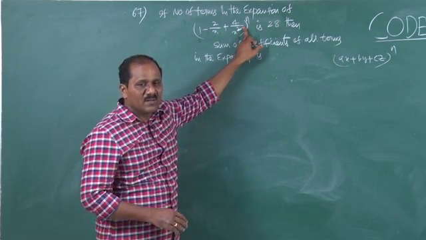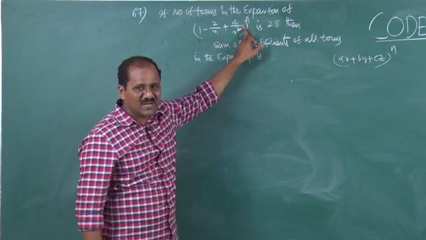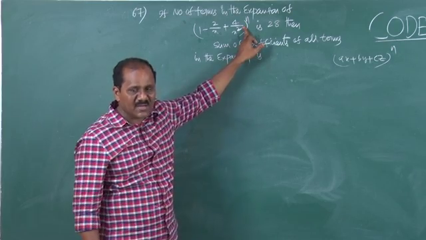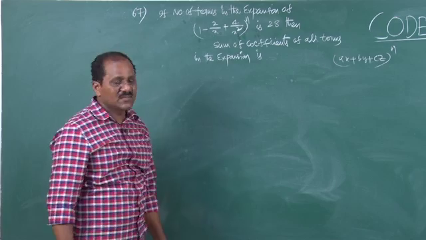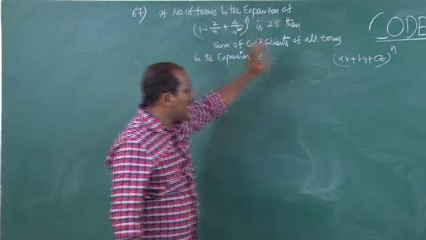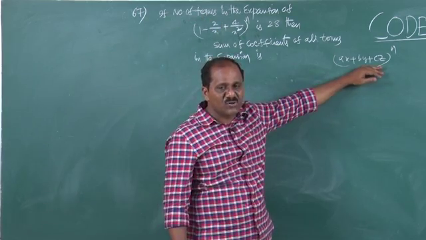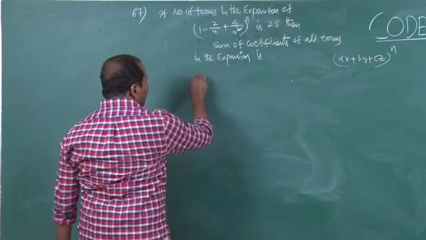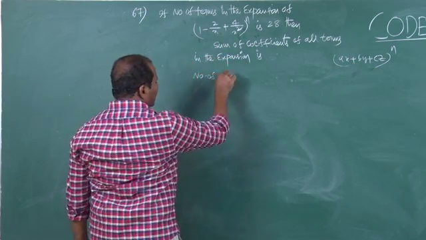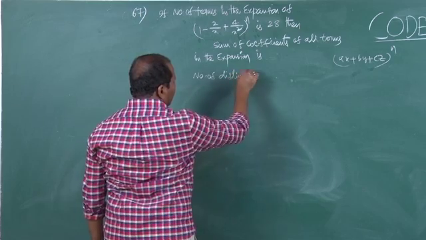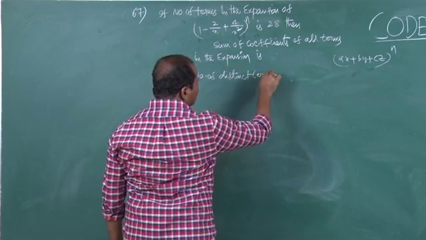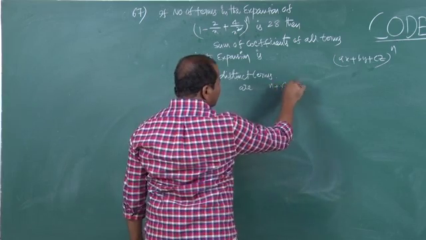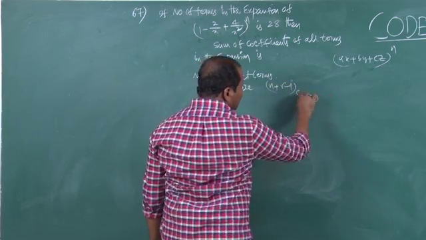If we are not satisfied with the explanation, or if the question is given as a correct question, the other explanation is, if we treat this expansion as (ax + by + cz) whole to the power of n, for this type of expansion the number of distinct terms is given by the formula (n + r - 1) C (r - 1).